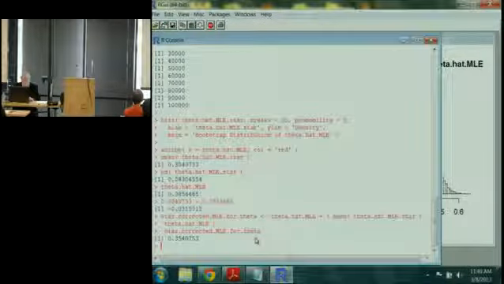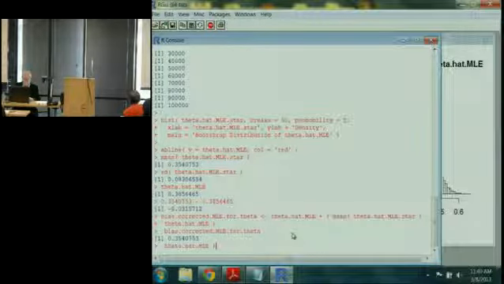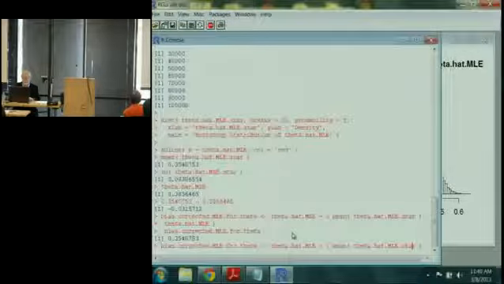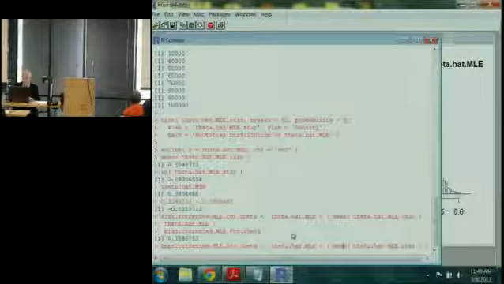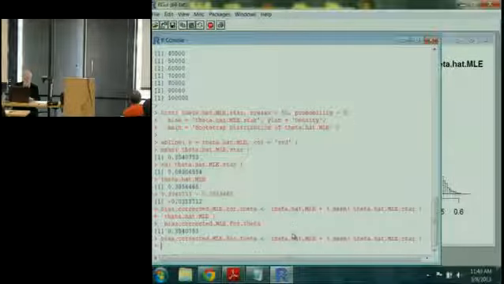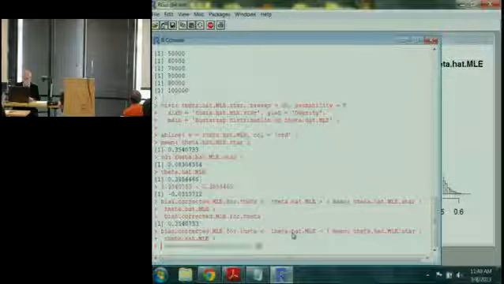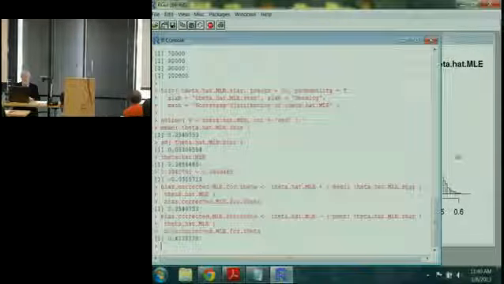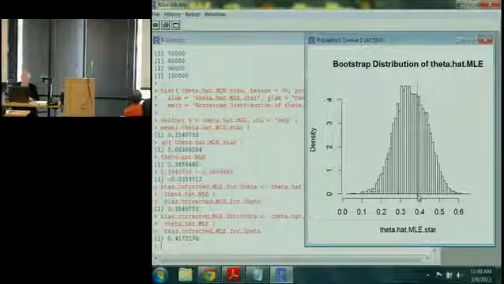Oh, I didn't do it right. Mean of theta hat MLE star. Oh, maybe there needs to be a minus sign there. There we go.